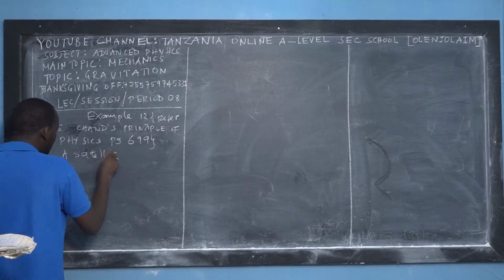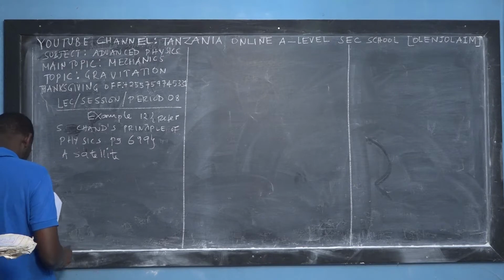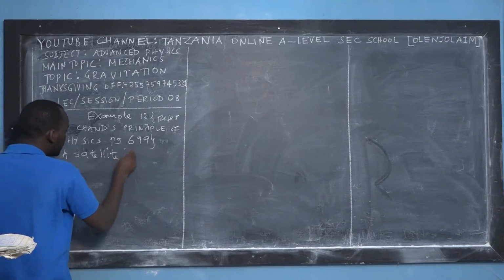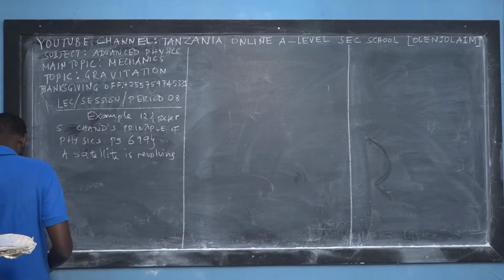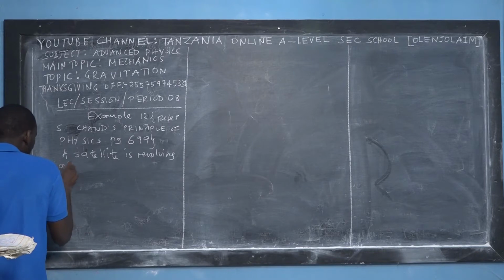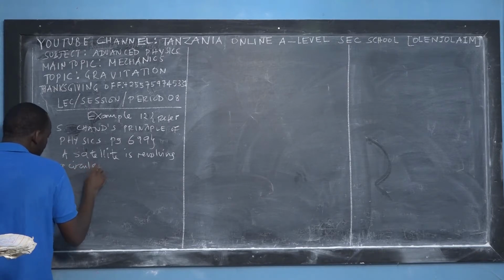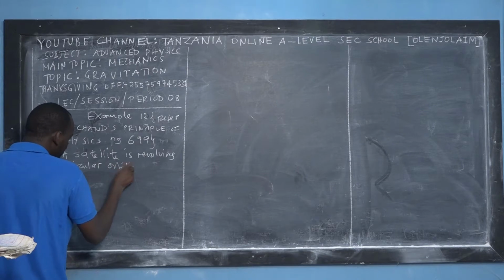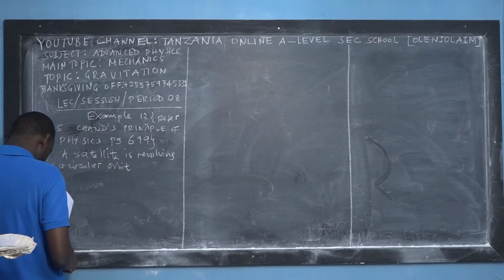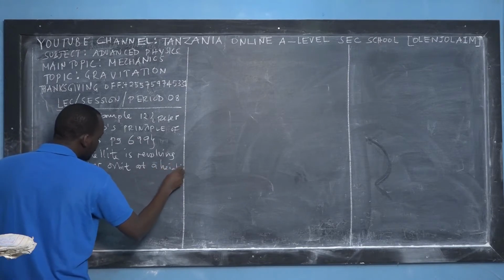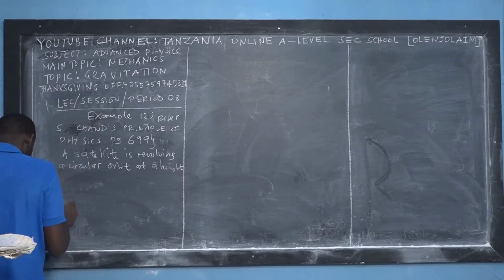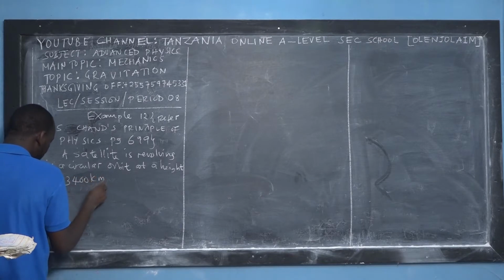The question states that a satellite is revolving in a circular orbit at a height of 3,400 kilometers above the Earth's surface.